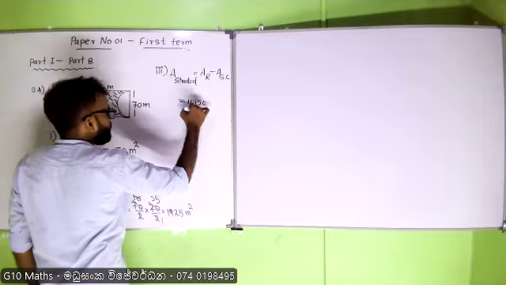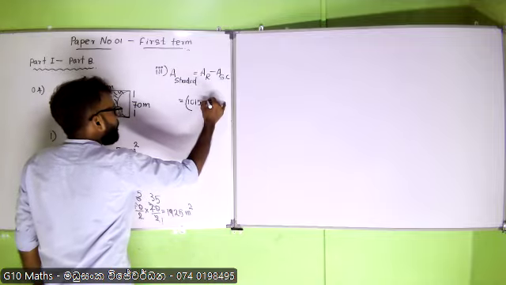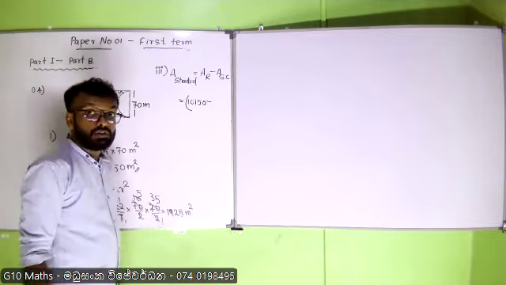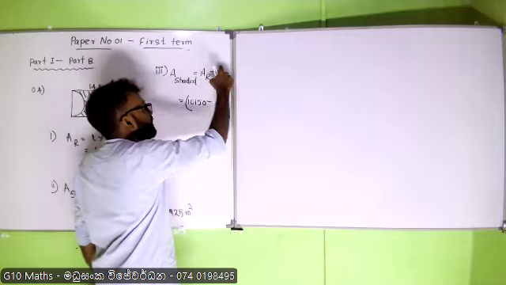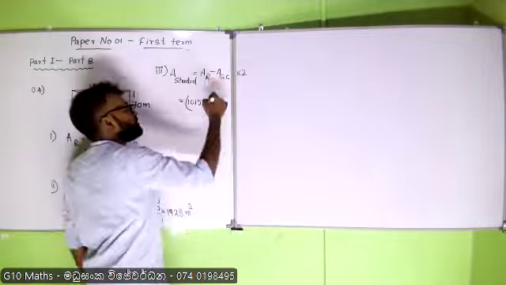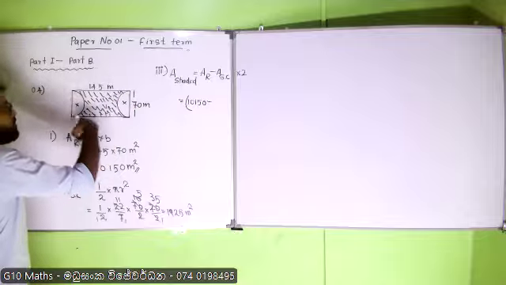Area of rectangle 10,150 minus area of semicircular part, no, this is wrong. Area of rectangle minus area of semicircular part into 2, because we have two, this one and this one.